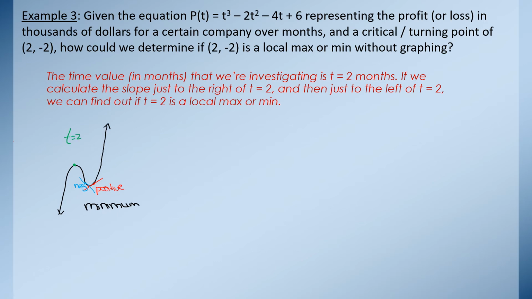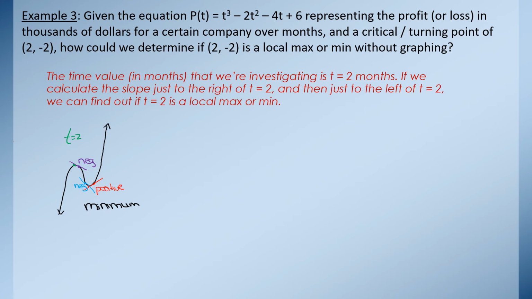That's t equals 2. So I go just to the right of that, say 2.01, right here, this purple dot, 2.01. Then I find the slope between those two, and the way I've drawn it there, that's a negative. It doesn't matter what it is. It could be a big number or a small number, but it's negative.